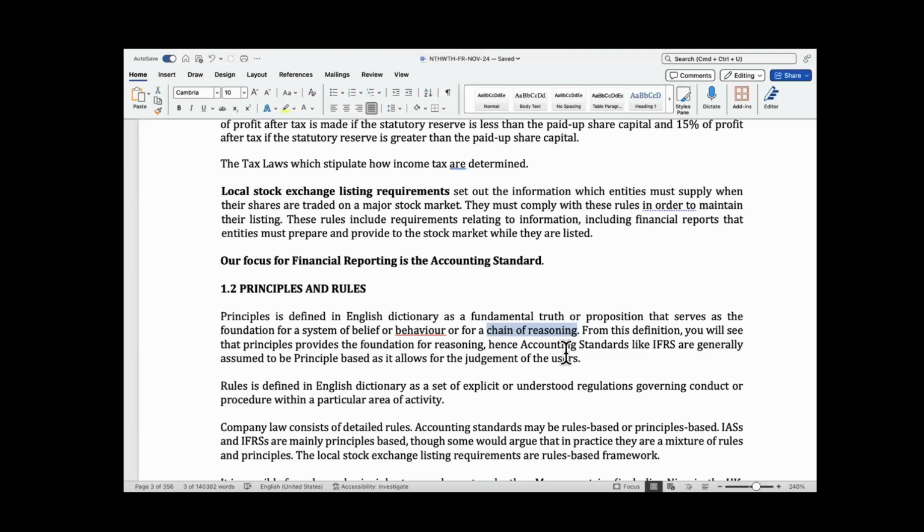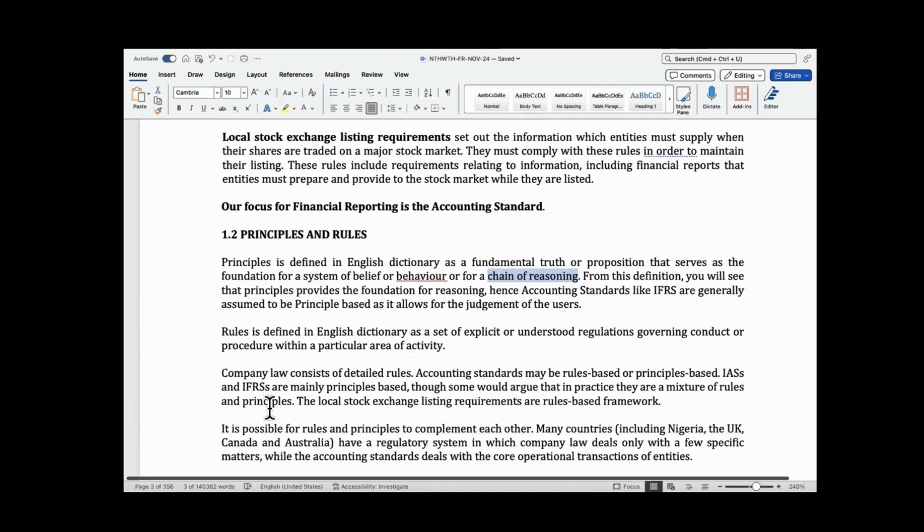However, there are some accounting standards in some other countries, popularly the financial accounting standard that they use in the US. That is rule-based. And if you look at the English dictionary again, when we say rules, they are a set of explicit or understood regulations governing conduct or procedures within a particular area of activity. So a rule is explicit.